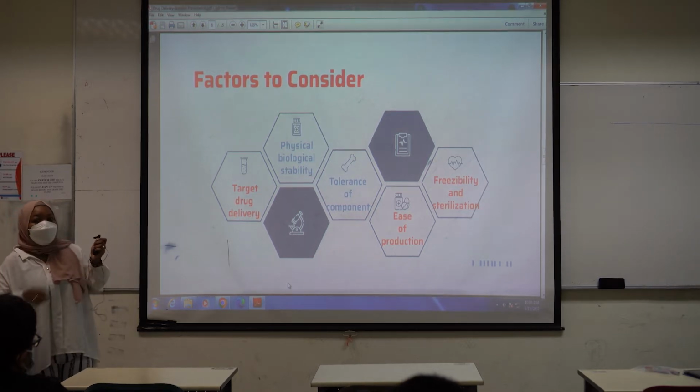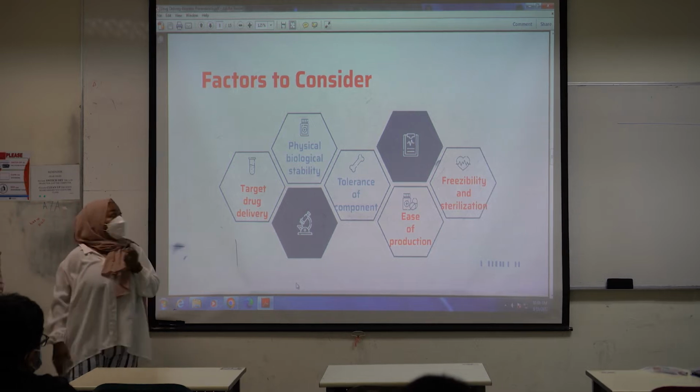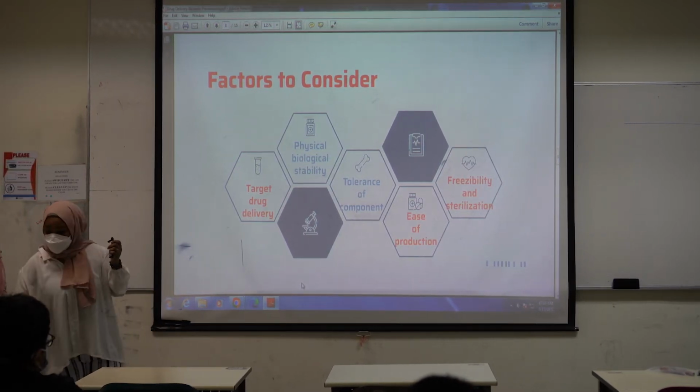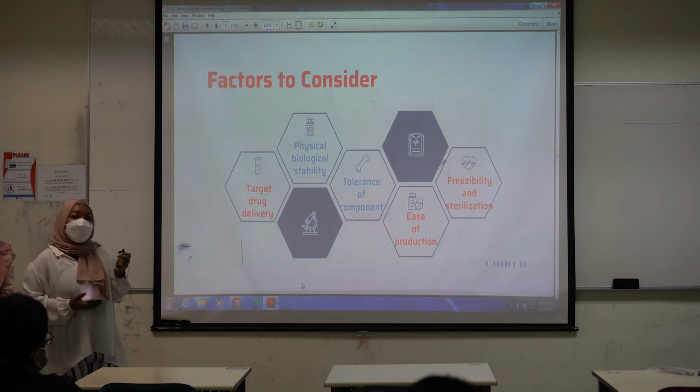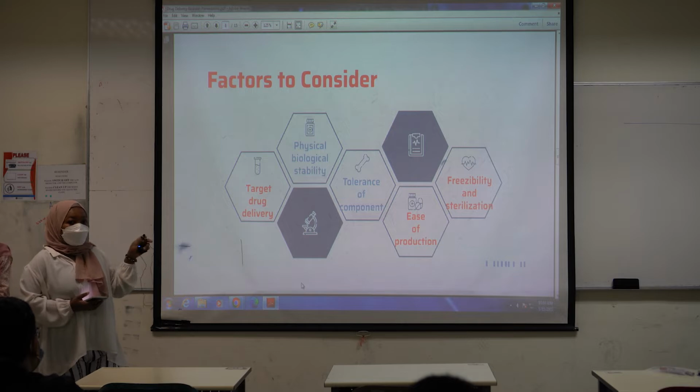Beside the factors that were considered by Sister Erieka, we also need to think about how the drug can be delivered to the targeted cell without being digested or disintegrated.